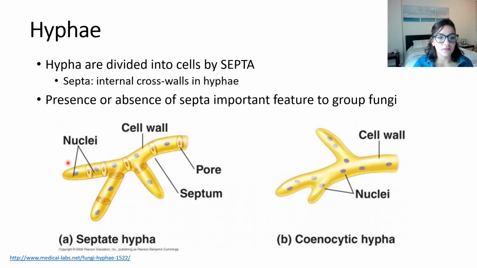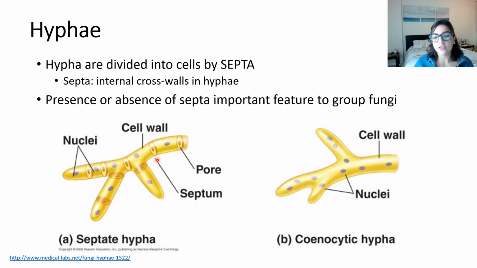In a septate hypha, we have different nuclei, like these ones which are in purple in this diagram. We have the cell wall, which is the wall that encloses the hypha. And within the septa, we have the pores. The singular of septa is septum.